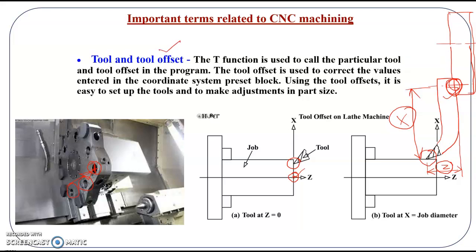This measuring is done by a means in the machine itself, and then we enter this distance into a particular portion in the control system. There is a table or column for entering the offsets of each and every tool used in an operation. So that will be stored in that particular address in the control system.